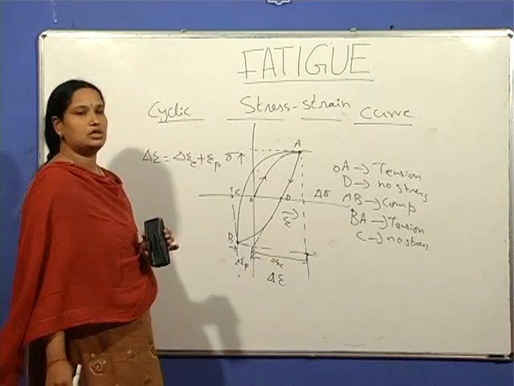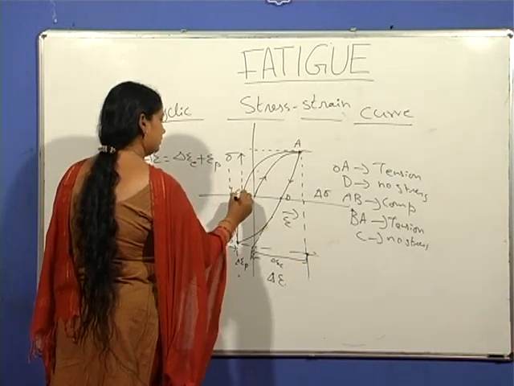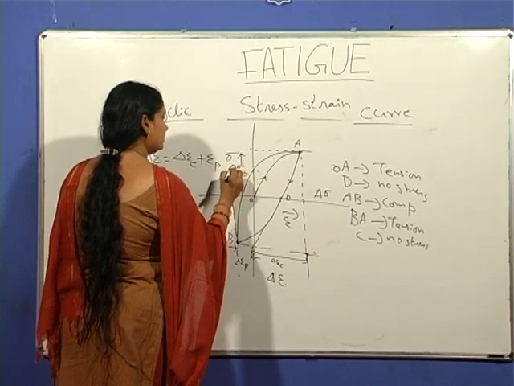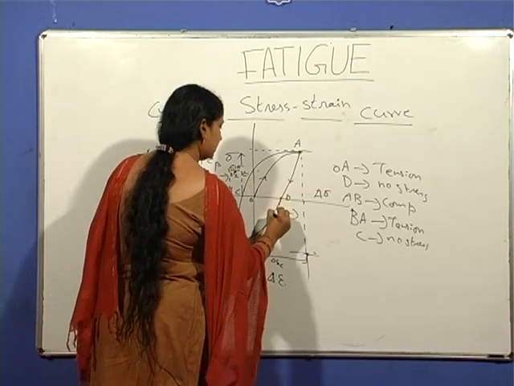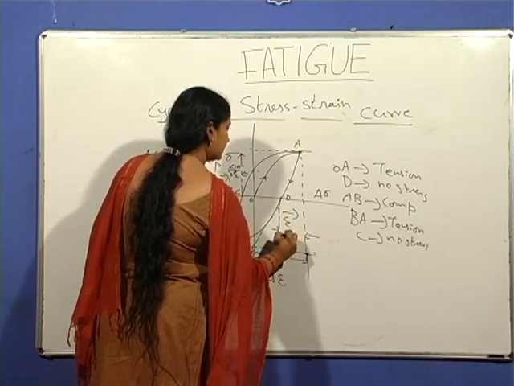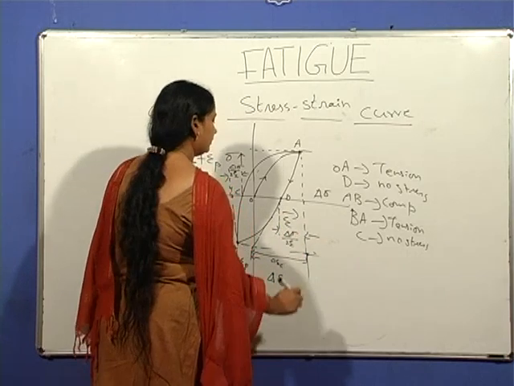Together they constitute the total strain range, where this is the elastic strain range, that is delta sigma by E, and this is elastic strain range delta sigma by 2E.